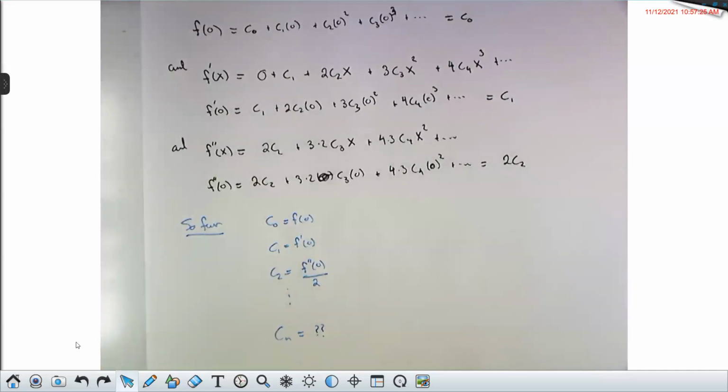It will come in terms of the derivatives of the original function divided by something. I'll let you think about what the something is here, evaluated at 0. So that is Taylor's formula. Taylor's formula is a formula for the coefficients of a power series when you can't get the power series any other way. And it involves derivatives.